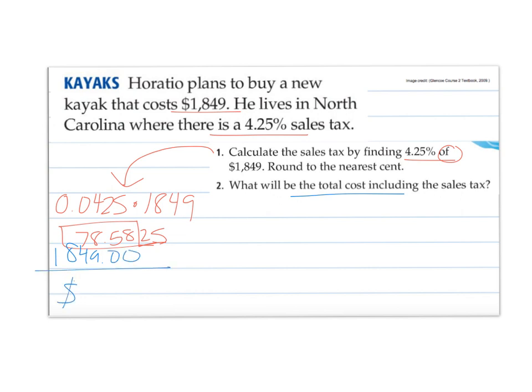I find out that I would pay $1,927.58 for the kayak with that sales tax in North Carolina. Another way to do that was you could do 104.25% times the original, and you would have ended up at the same place.